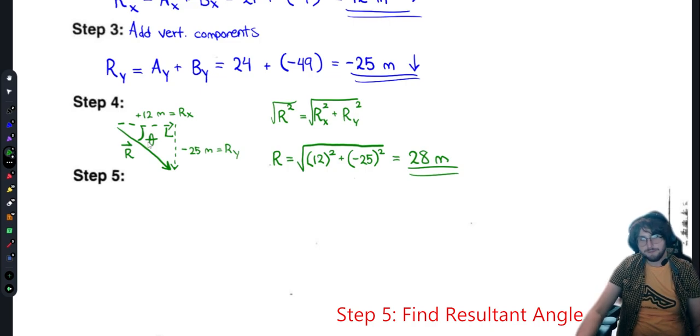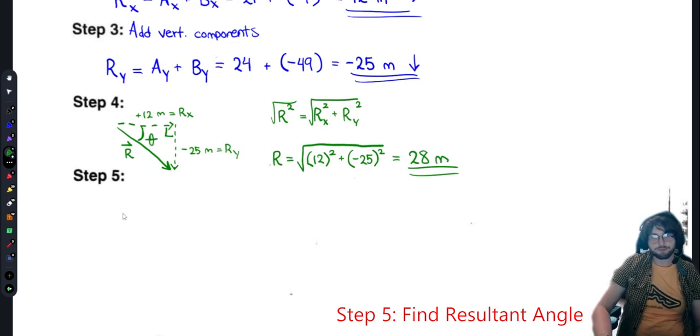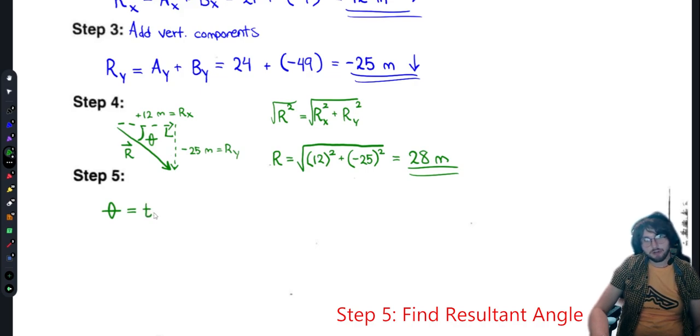In order to do this, generally, if you have the component vectors set up, the angle that your vector r is at is going to involve the inverse tangent, so tan to the -1, of the opposite over the adjacent. In this case, your opposite to the angle is 25, -25 technically.